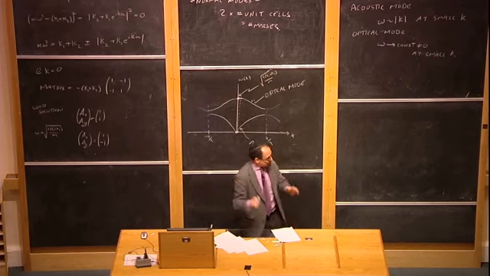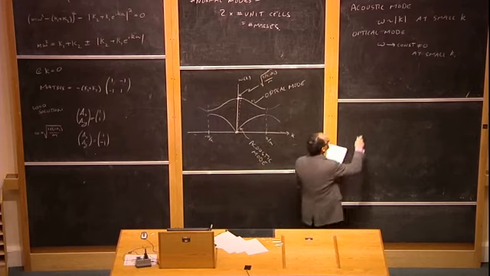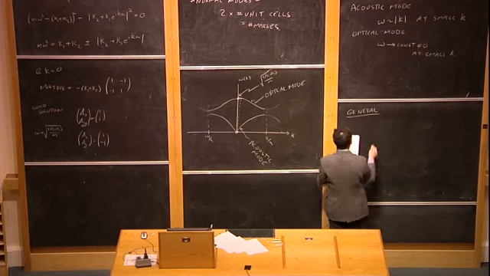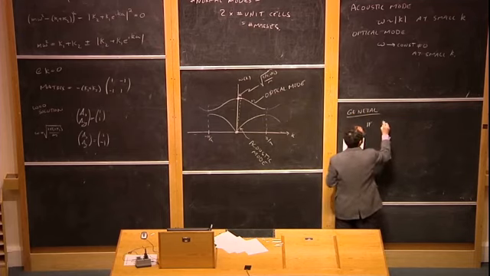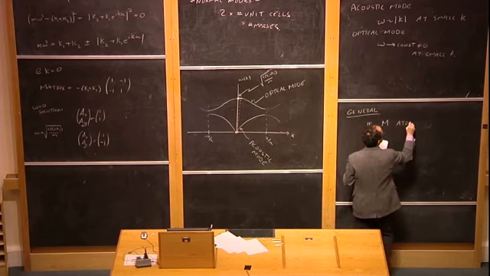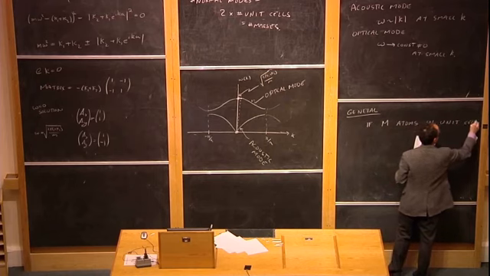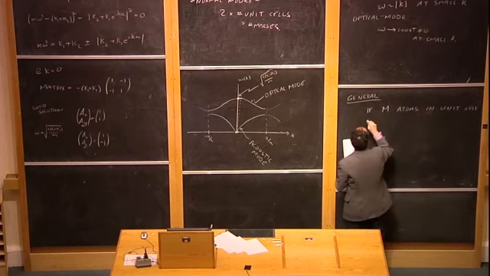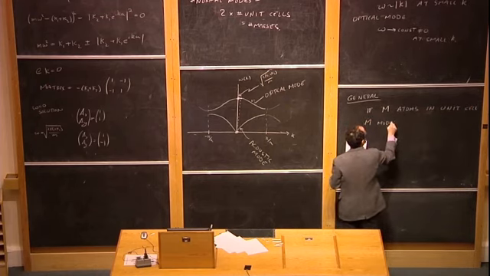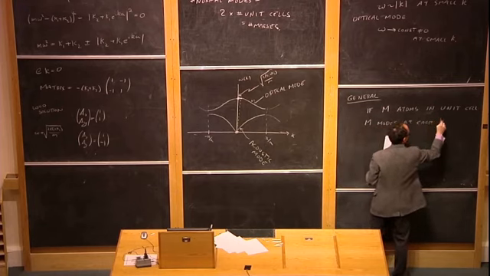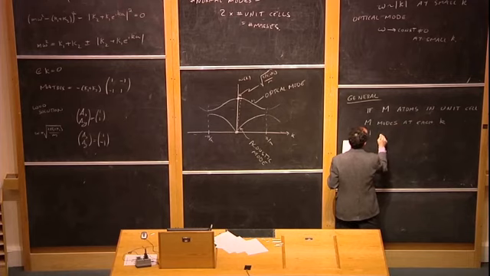Now, these sort of trends occur more generally. In general, if there are m atoms in the unit cell, we would have m modes at each k. One is acoustic.